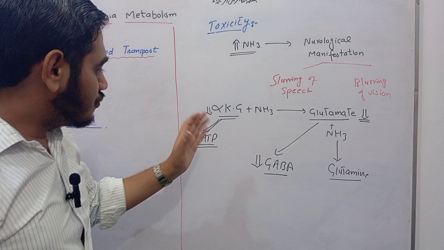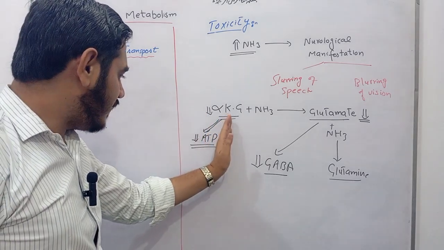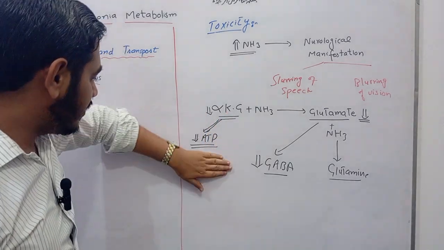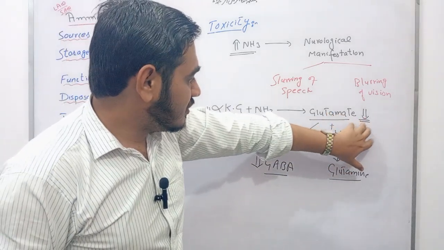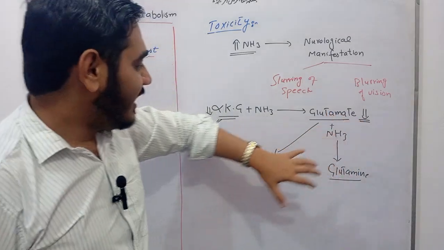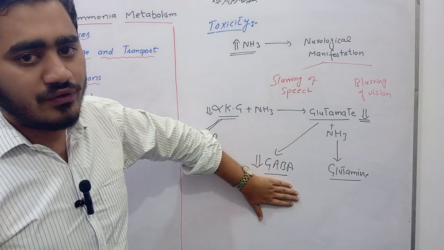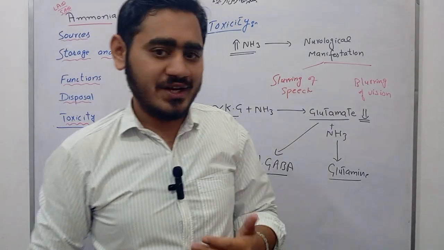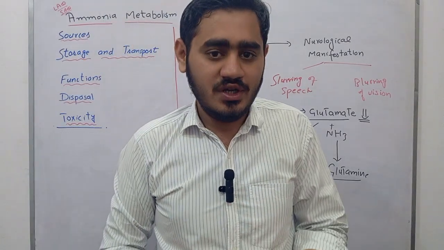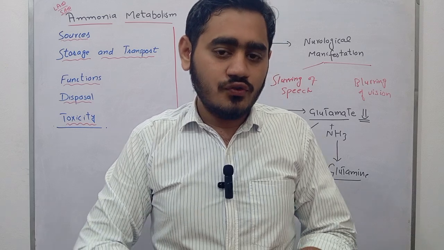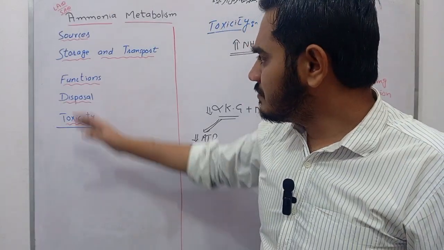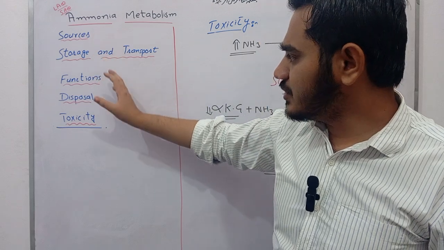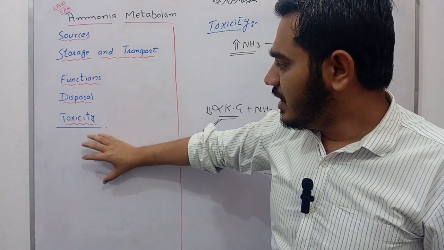It also leads to a decrease in alpha ketoglutarate and a decrease in production of ATP, and a decrease in glutamate and a decrease in production of GABA, gamma aminobutyric acid, that is the inhibitory neurotransmitter. So friends, it is all about ammonia metabolism, their sources, storage and transport, functions, disposal, and toxicity.